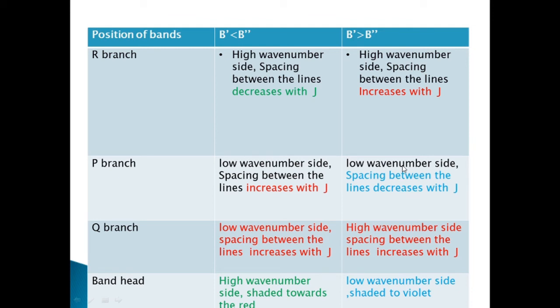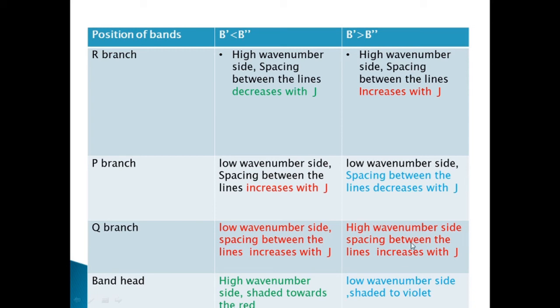P branches also occur at the low wave number side, but here the spacing between the lines decreases with J. Since the spacing decreases with J, the band head will occur at the lower wave number side. That means the band head is shaded towards the violet region. Low wave number side means the violet region.